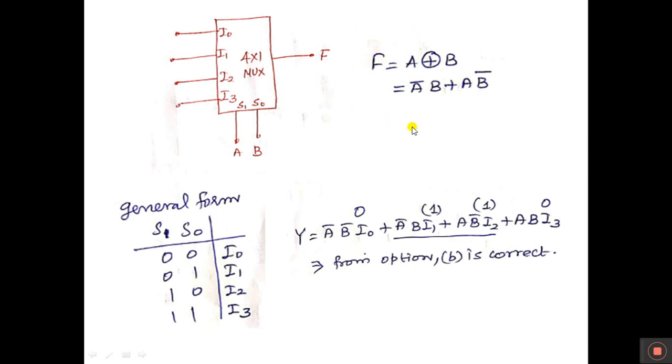So we need the output as A bar B plus A B bar. If I apply 1 1 for I1 and I2, as well as 0 0 for I0 and I3, I can get this output A bar B plus A B bar. So option B is correct. Right? 0 1 1 0 is the correct answer.